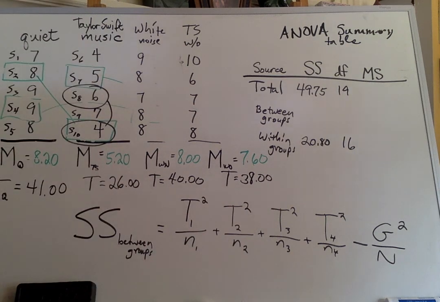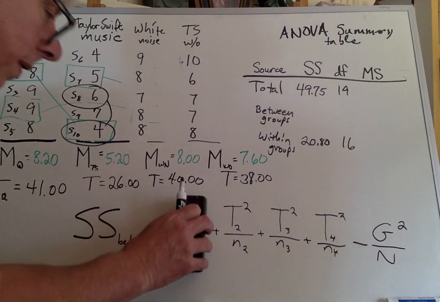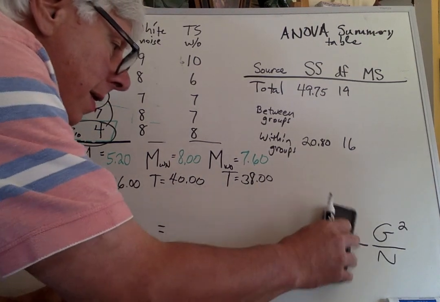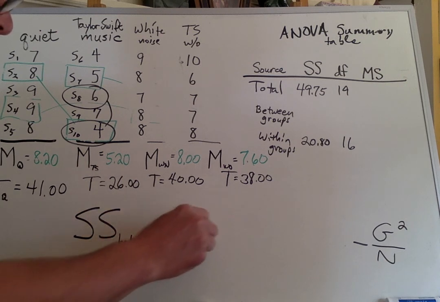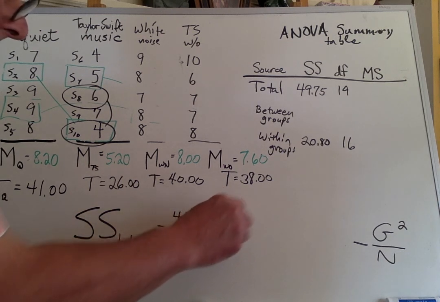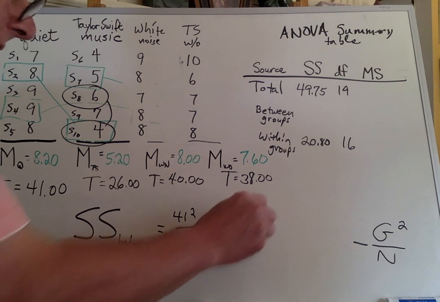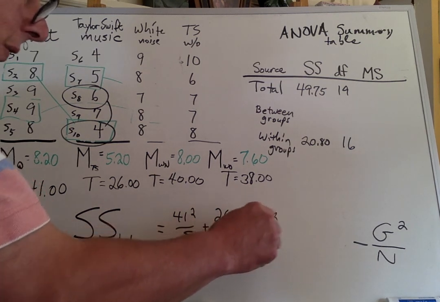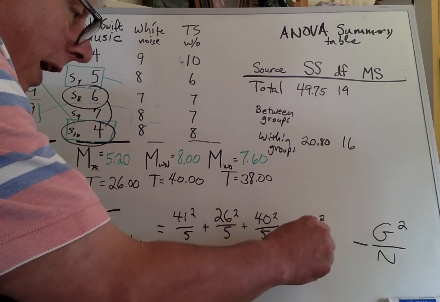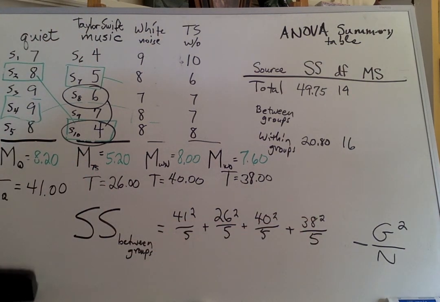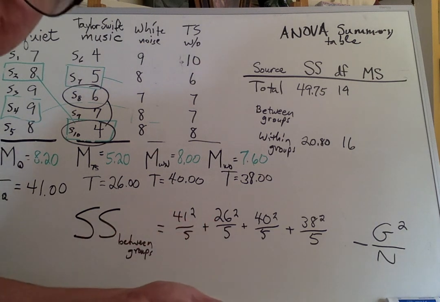So now we can do this formula. It is 41 squared over 5 plus 26 squared over 5 plus 40 squared over 5 plus 38 squared over 5. And by the way, I don't do this by hand when I'm doing my research in my lab because I'll use the computer.